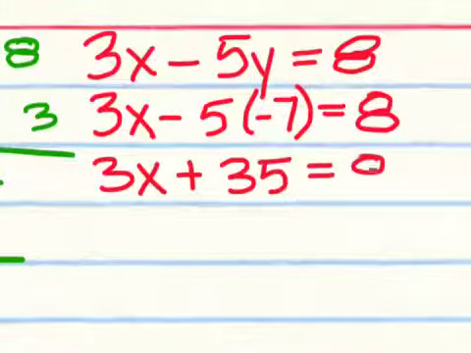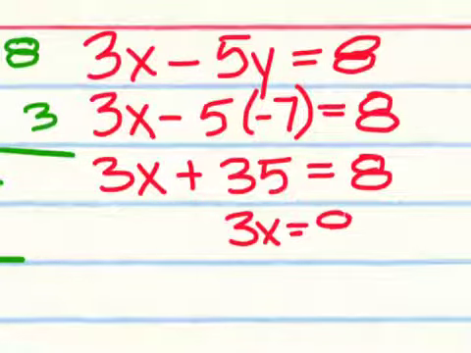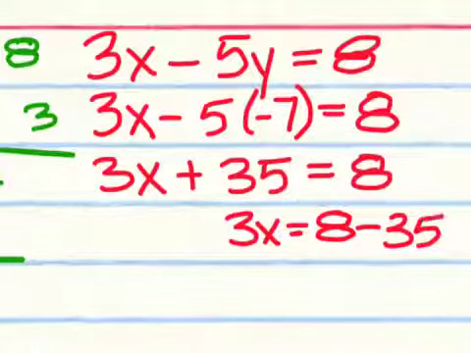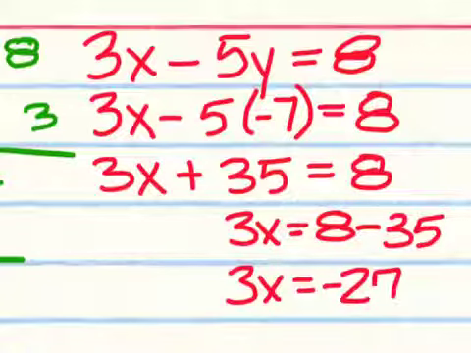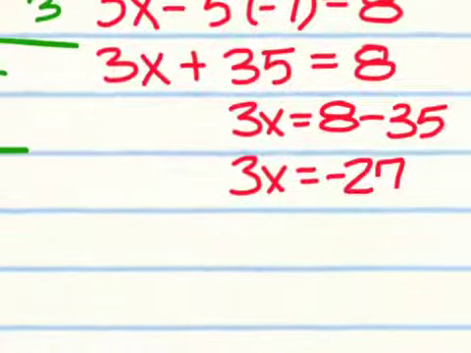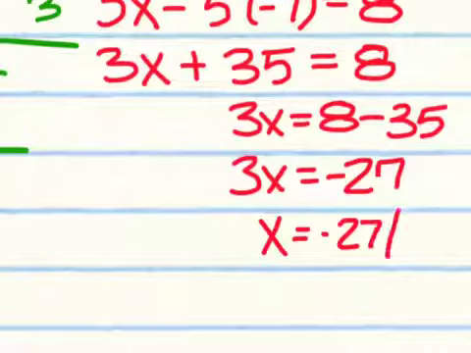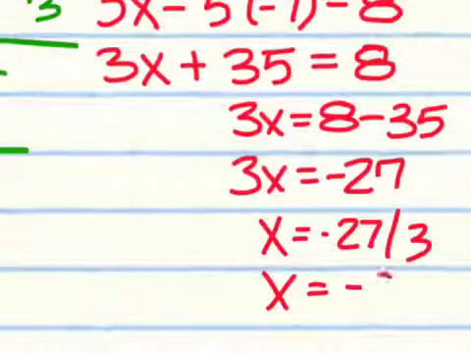And then you're going to have 8 minus 35 on the right. That would end up being a negative 27. So we'll divide negative 27 by 3 to get a negative 9. So you should have negative 9, negative 7.